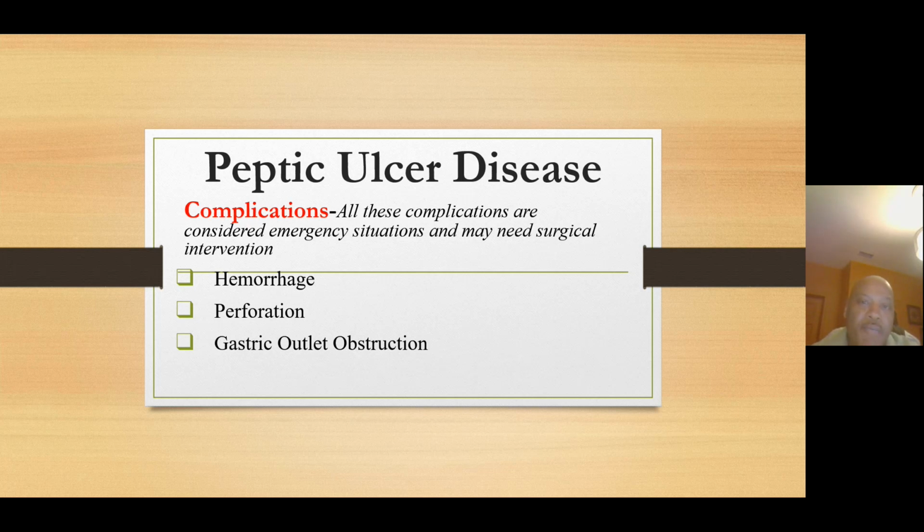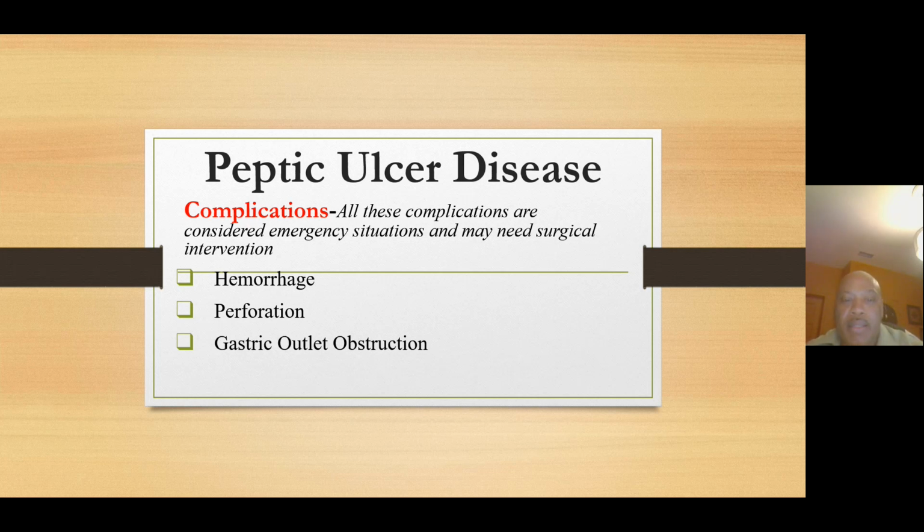Now, the manifestations of perforation are sudden. They have more of a dramatic onset. If the condition is untreated, bacterial peritonitis may occur within a relatively short period of time, perhaps 6 to 12 hours. Now, the patient has sudden, severe upper abdominal pain that quickly spreads throughout the abdomen.